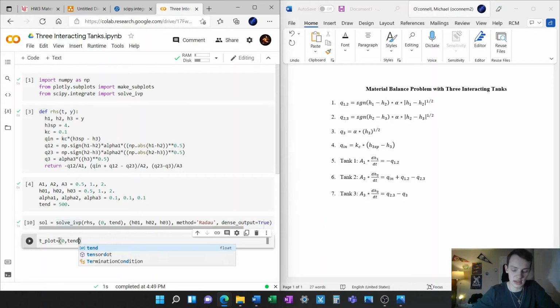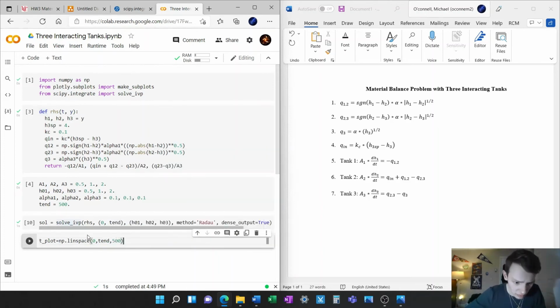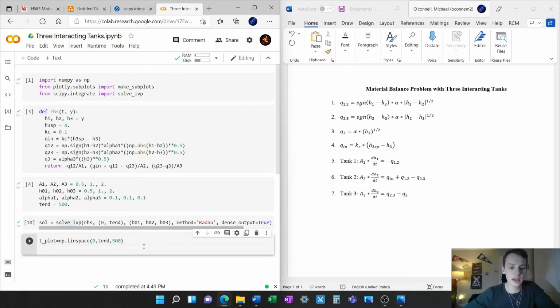So 0 to tn, and we'll space these out accordingly, just like we always do, using numerical Python, linspace. How many points? 500. I seem to like that number a lot these days. Okay, so we're ready to go there.